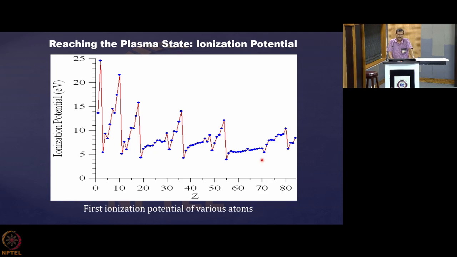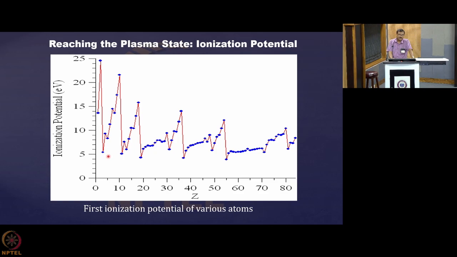This is very important, because you need to know how much energy to put in to remove the electron from the outermost shell. This is the ionization potential. Here, hydrogen is 13.56, as all of us know, and the next one is so high, around 24 electron volt, almost double this value. So helium is very difficult to ionize.